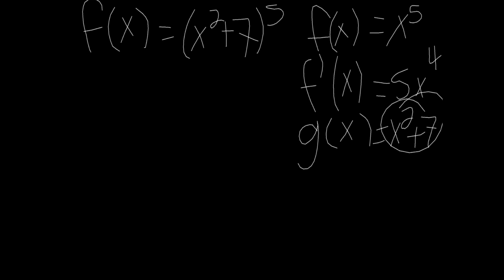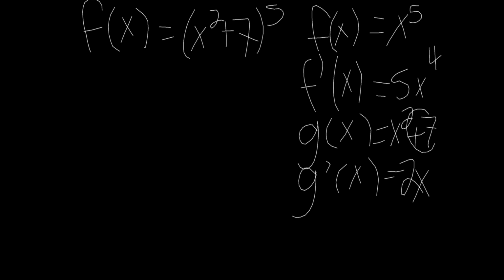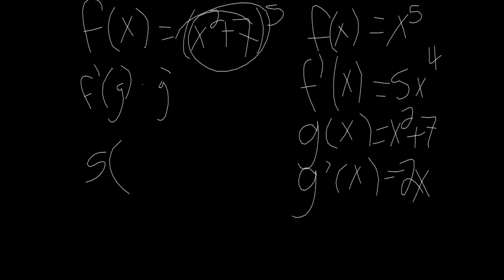And then we know that the derivative is just going to be 2x, because we apply power rule here, and we know that the derivative of any constant is going to be 0. So now that we have this, we remember that the chain rule basically states that we take f prime of g of x times g prime. So we have our f prime, which is 5, and we apply our inner function, what was inside.